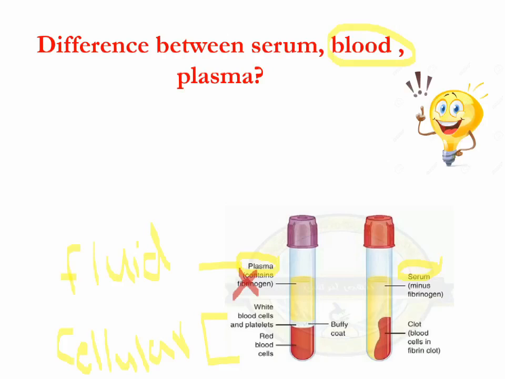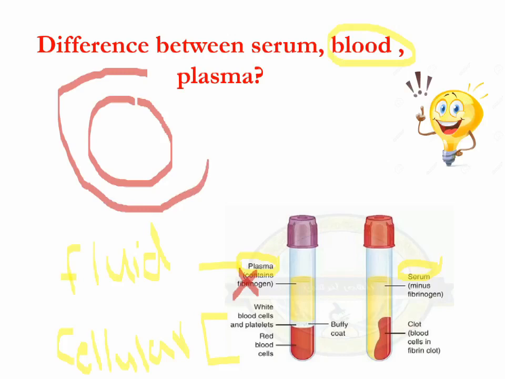So we can summarize the difference between the blood, serum, and plasma in this diagram. Here, as you can see, you have 3 circles. The biggest circle is the blood, and the circle in between is the plasma.